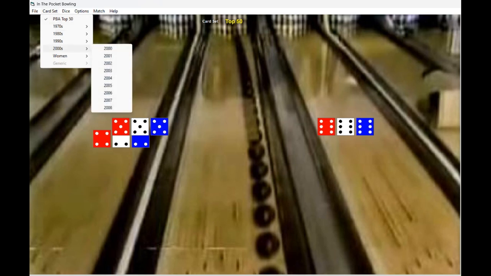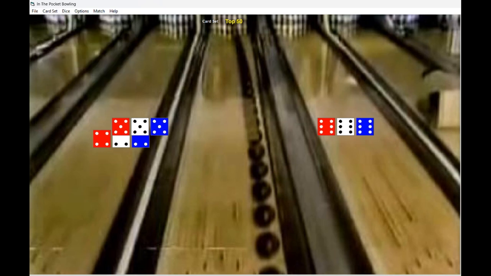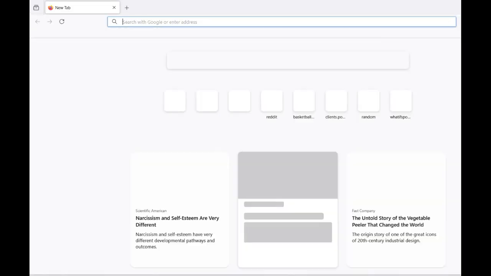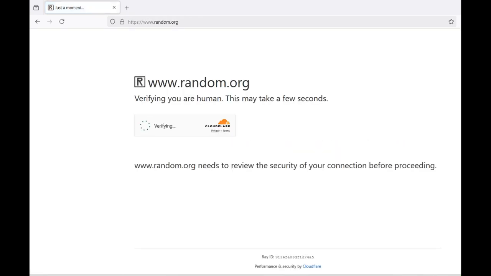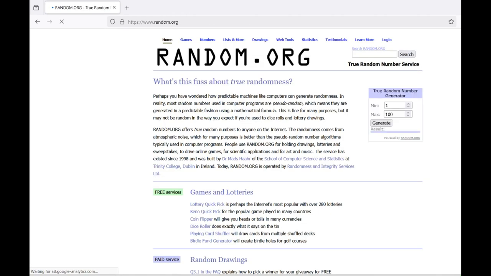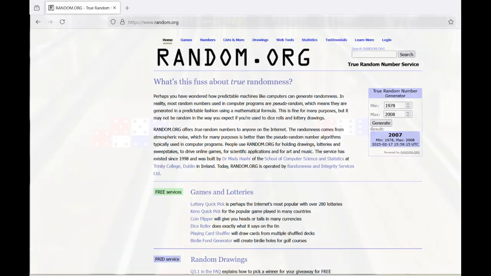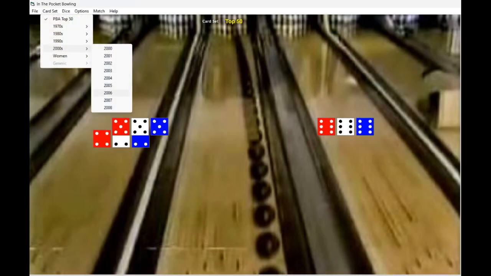All right, so PB top 50, the 2000s. I'm going to go to random.org, 1978 to 2008, and generate. So we get 2007. Okay, card set 2007.